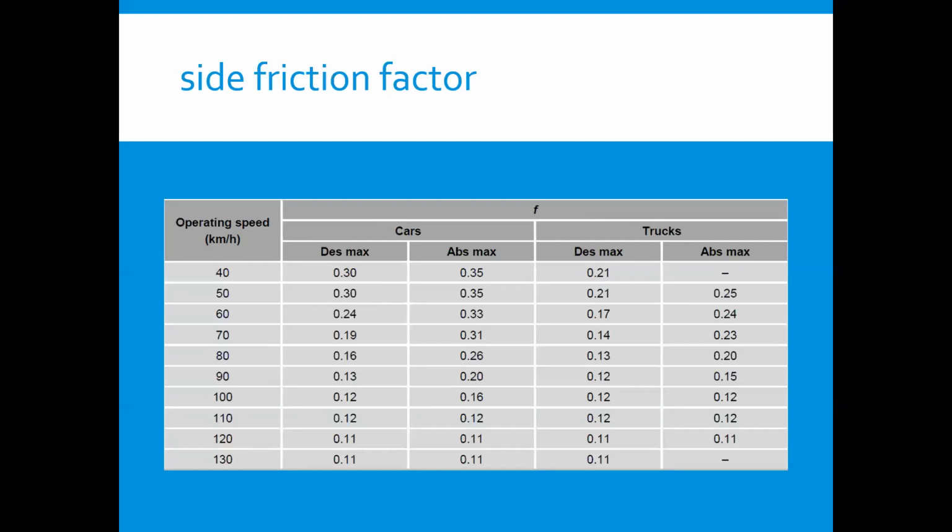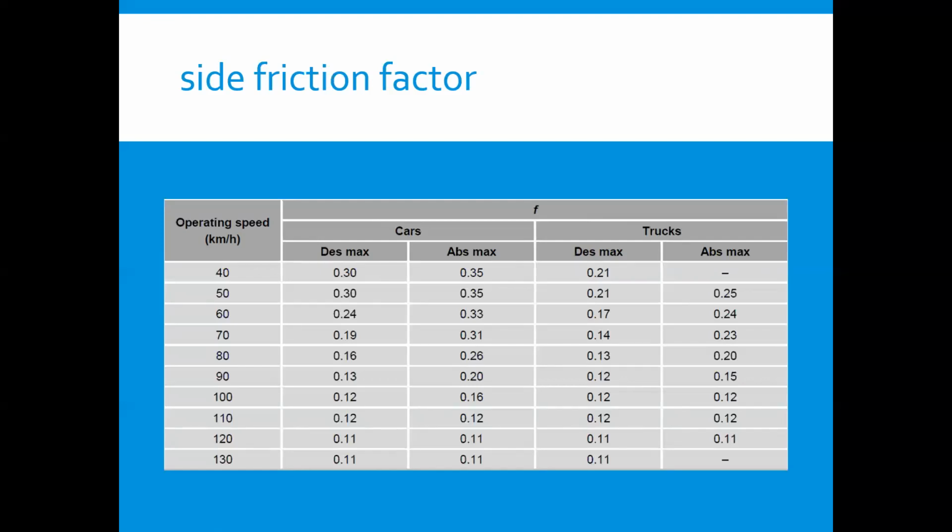Therefore, to avoid sliding, horizontal curves should not be designed directly on the basis of the maximum available side friction factor. The portion of the side friction factor that can be used with comfort and safety by the majority of the drivers should be the maximum value for design.